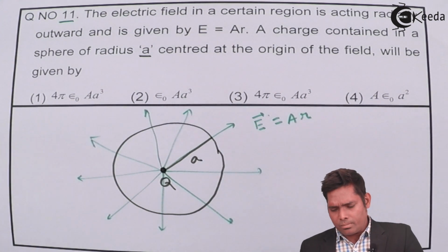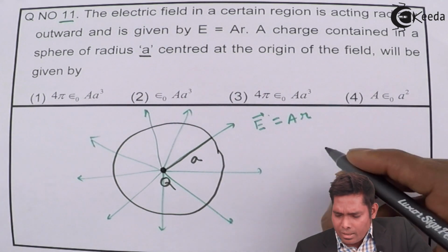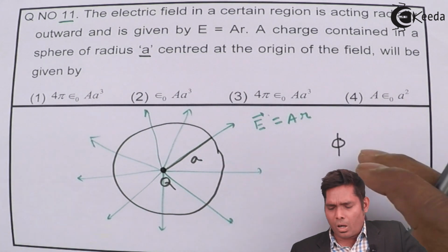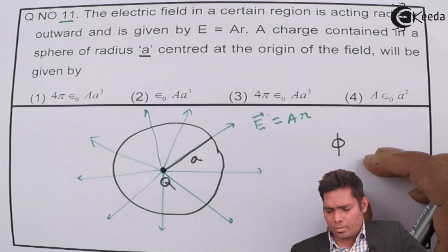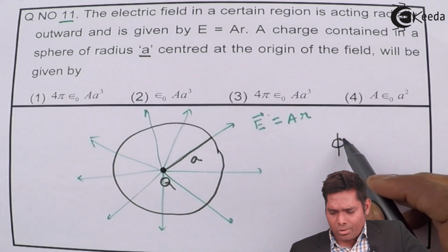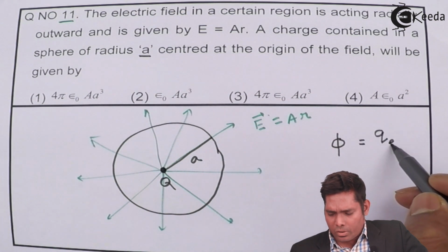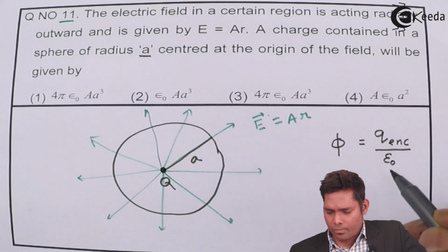What is Gauss's theorem? In electrostatics, it says that the flux coming out from the Gaussian surface is equal to the charge enclosed by that Gaussian surface divided by epsilon naught.